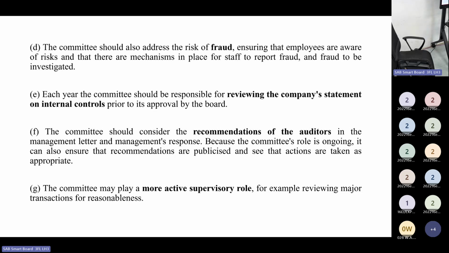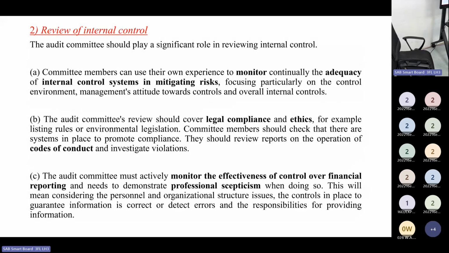Then they have to look at whether the recommendations of auditors with regard to internal controls have been implemented and actions taken. Last one, they have a more active supervisory role for major transactions, such as related party transactions, for their reasonableness. So those are the things under review of internal control.